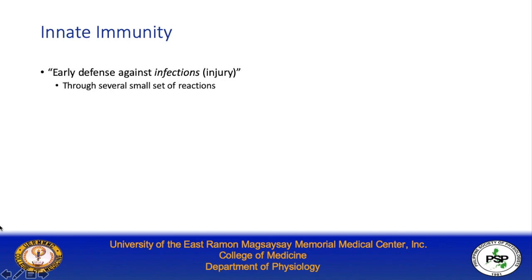Now, the injury can be a physical injury, a chemical injury, or an infection caused by a microorganism or toxin. Now, the defense is brought about by a small set of reactions. However, the problem with innate immunity is that it is more limited compared to that of the adaptive immunity.